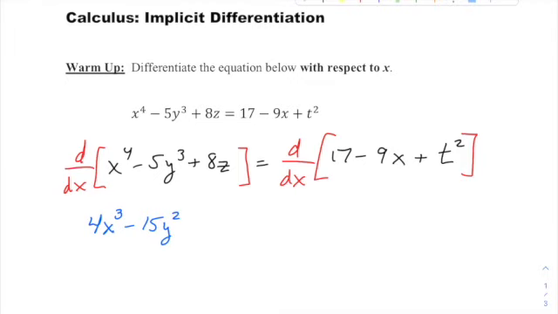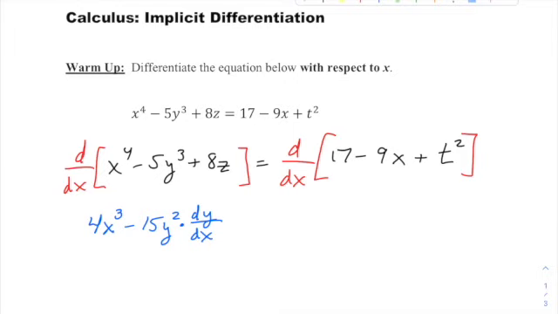However, you then have to multiply by dy dx. And you're really using the chain rule there because y could represent something else, so you're multiplying by the derivative of the inner expression, dy dx.